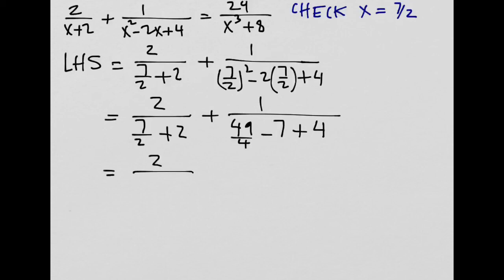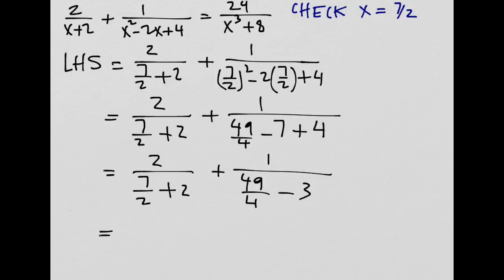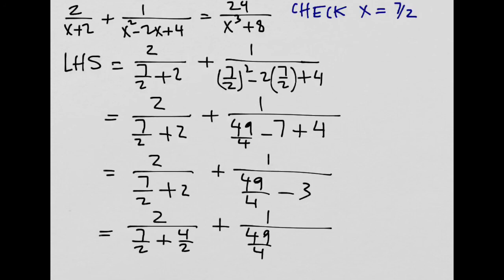That's 2 over 7 over 2 plus 2 plus 1 over 49 over 4 minus 3. That's 2 over 7 over 2 plus 4 over 2 plus 1 over 49 over 4 minus 12 over 4.